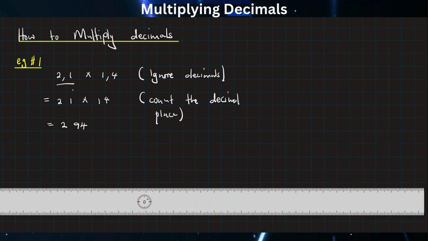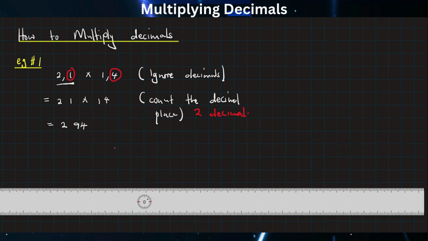So here you're going to see there is 1 digit after the decimal, which is this one. And here you see there is this 4, which is another 1 digit after the decimal. So altogether, we're going to have 2 decimals. So our answer should have 2 decimals.